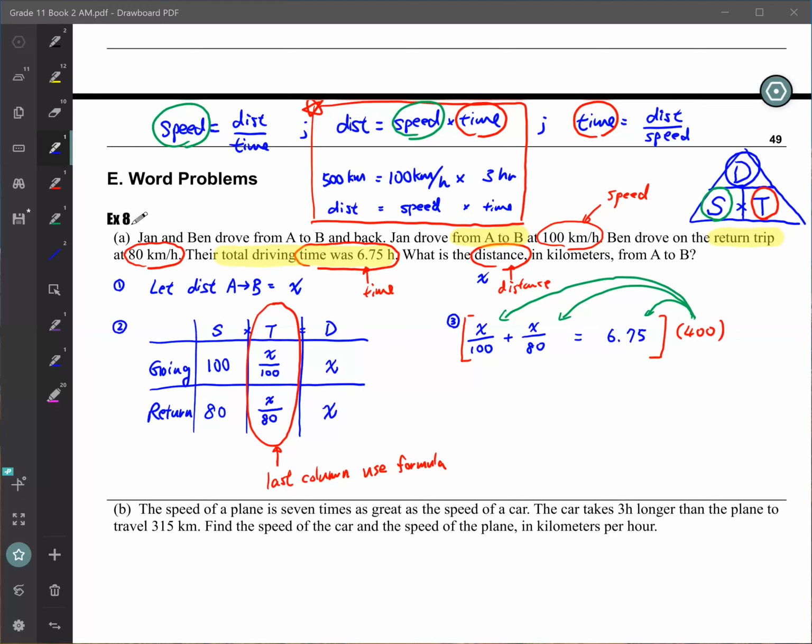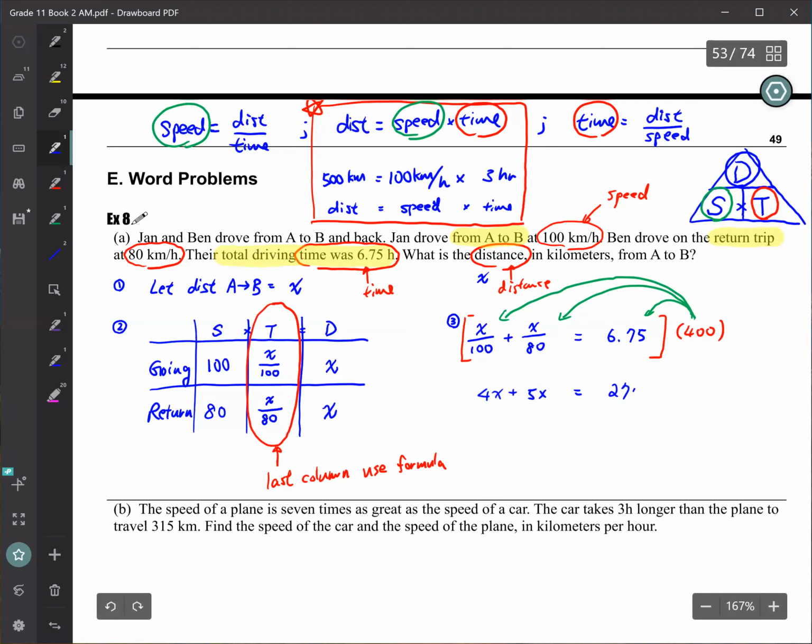When you multiply the first one, you are left with 4x. Right, and when you multiply with the second one, what's left, Nathan? 5x. Yep, 5x. And what's 6.75 times 400, Aaron? 2700.